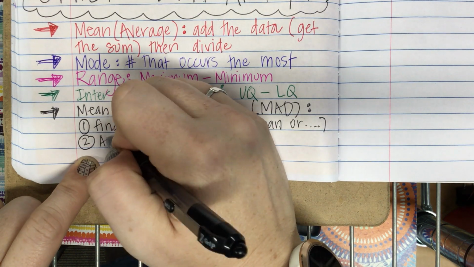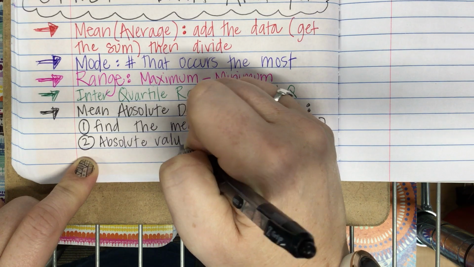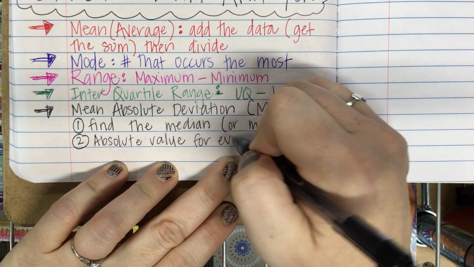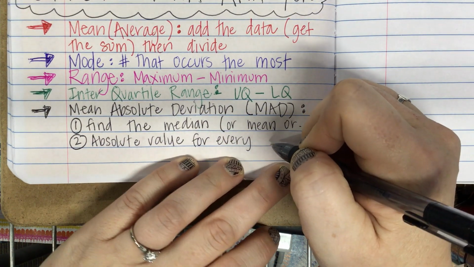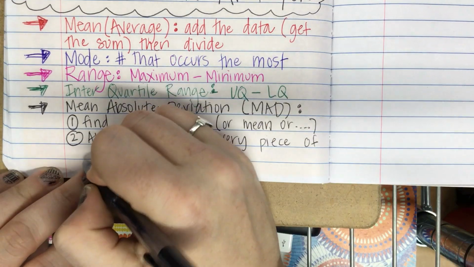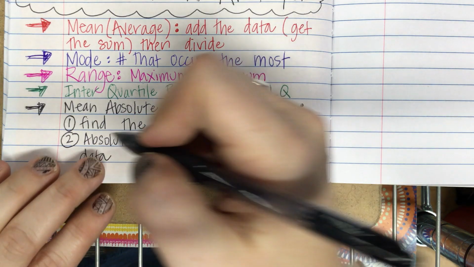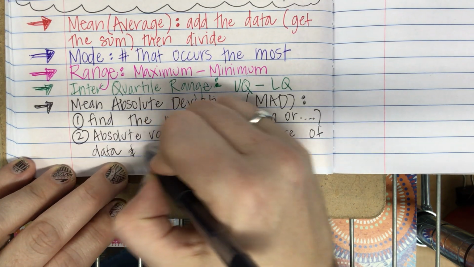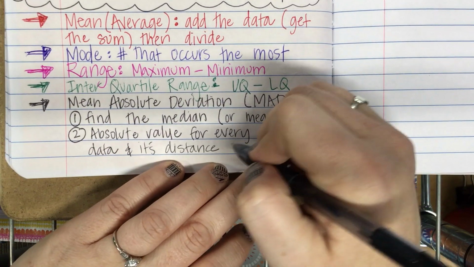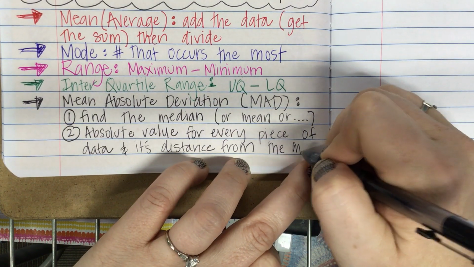You find the absolute value for every piece of data and its distance from the median.